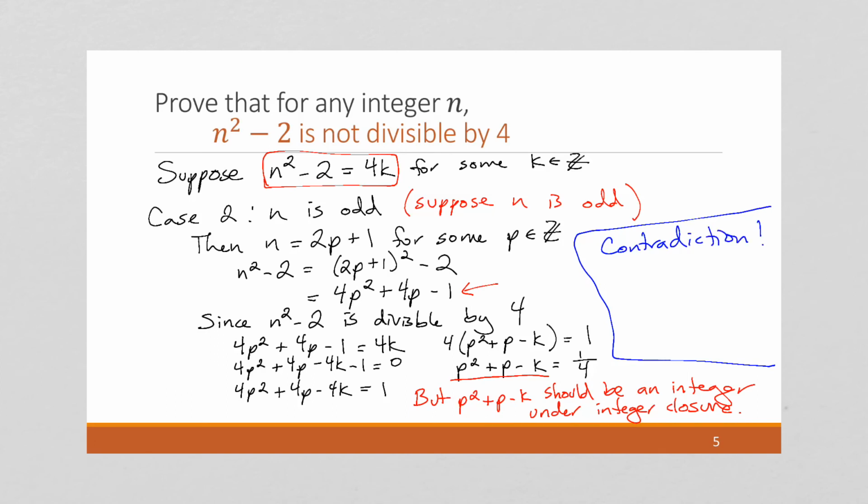And we found a contradiction, so once again, our most immediate supposition cannot be true. So therefore, n cannot be odd.